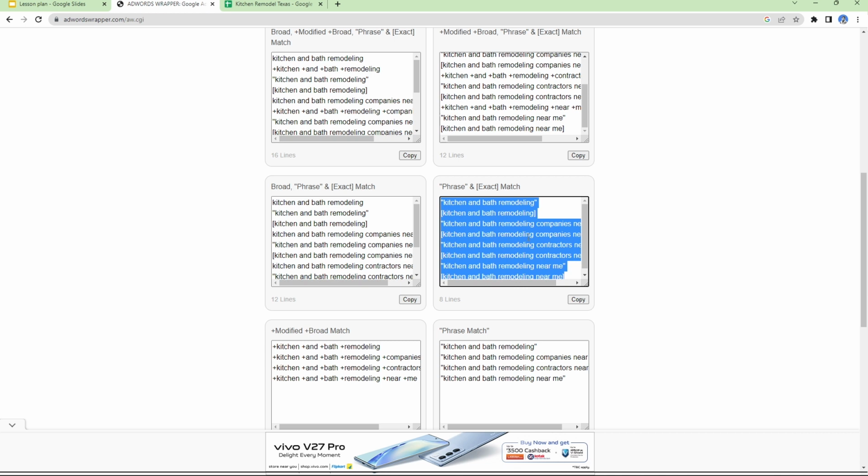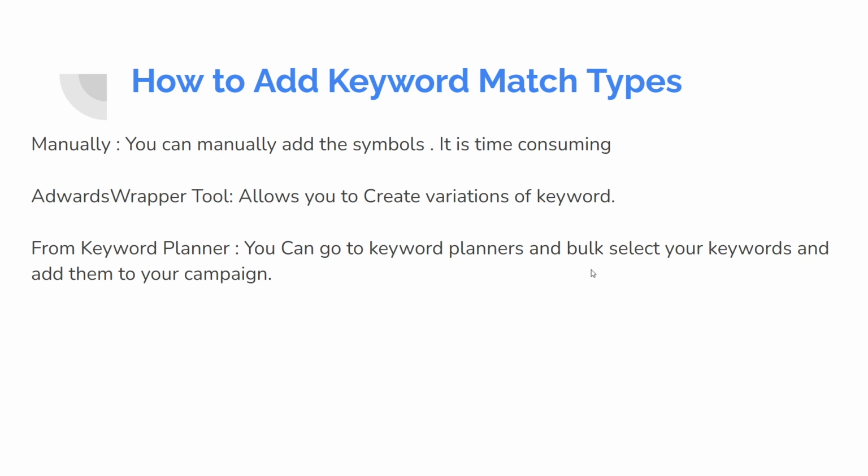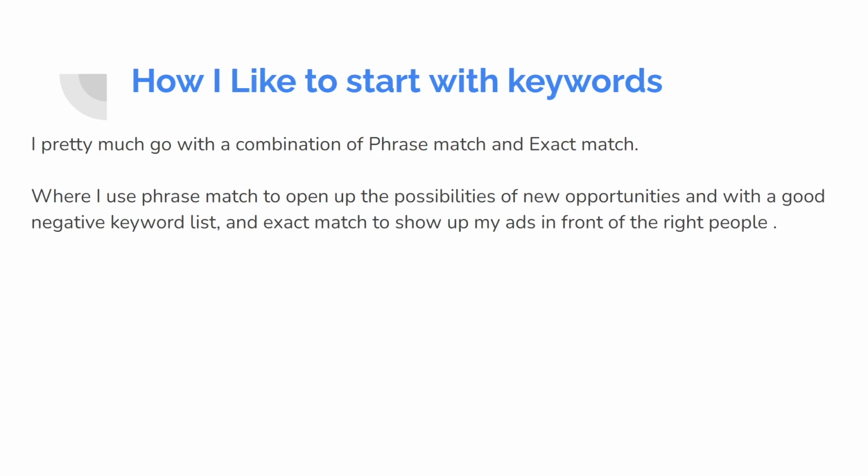So I click copy and go into your Google Ads and paste the keyword variations right over there, right? The other option is the keyword planner itself. You can go to your keyword planner tool, select your keywords and then add them into your campaign.